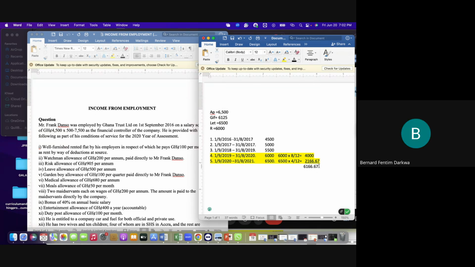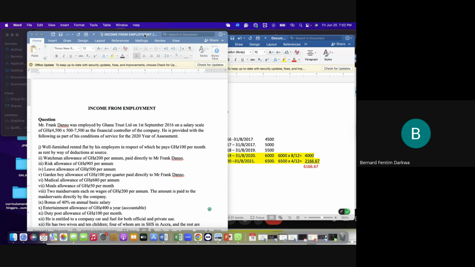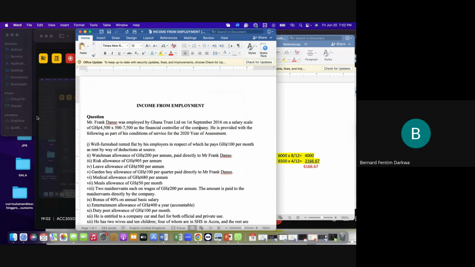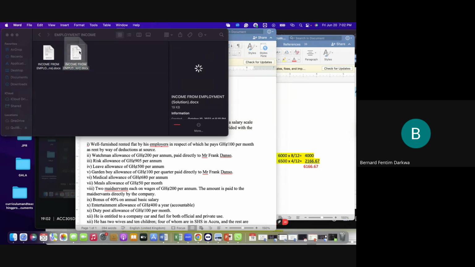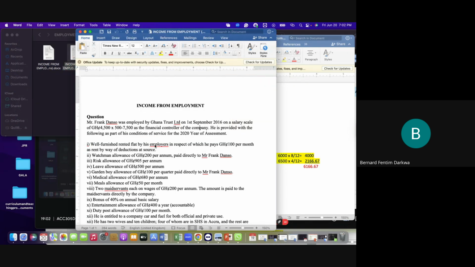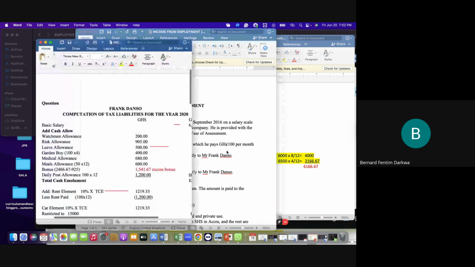So this is the answer I was expecting from you. This is the basic salary. So you see, the base salary was 6,166.67, but people were getting 6,000. So almost everybody couldn't get the basic salary. So please, you have to master how we calculate the basic salary because it is very, very important for you. If you don't get the basic salary calculation correct, everything else is affected.